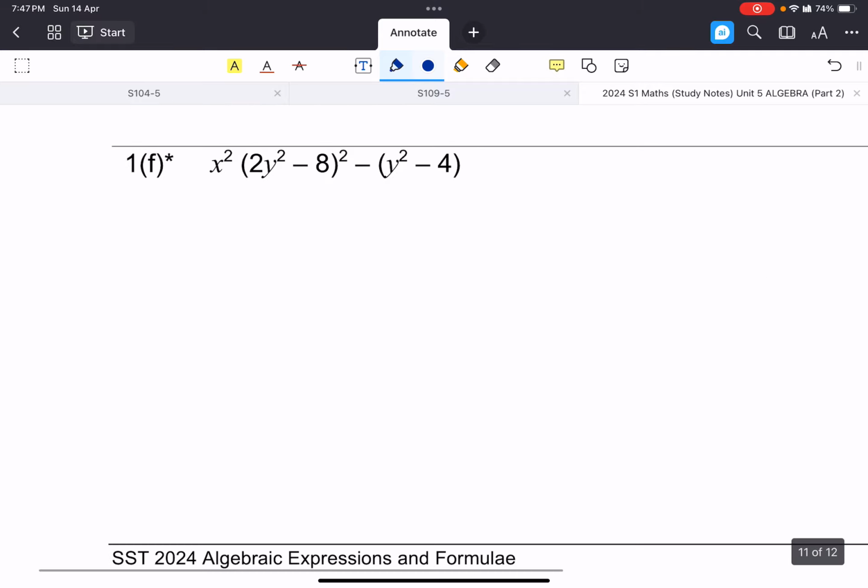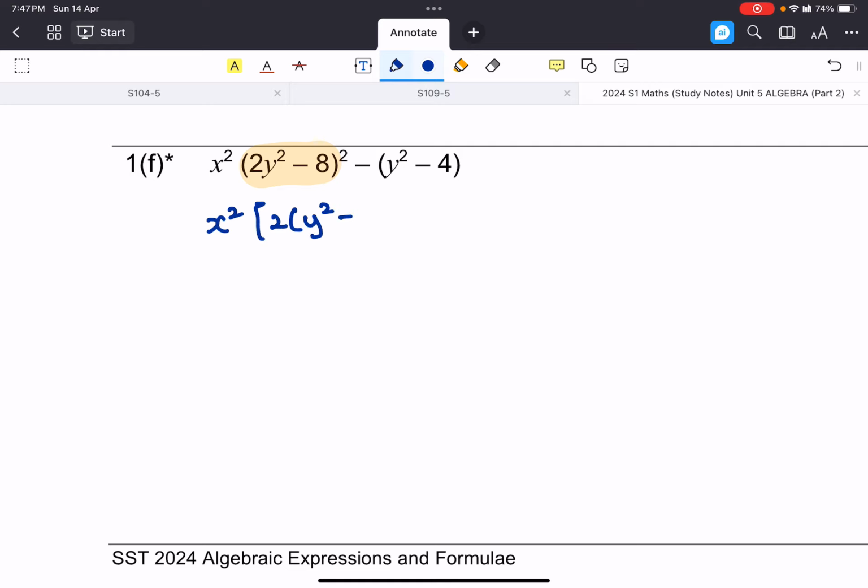Why not? So we have this situation. What we can do is look at this portion over here, and we recognize that, hey, there's a 2 there that I can extract out. So maybe we can try it. So let's try. So we have x squared, and then if I extract out the 2, it'll be 2.